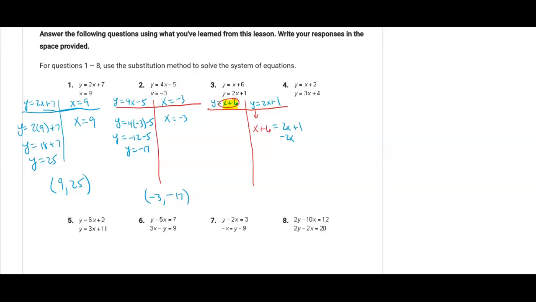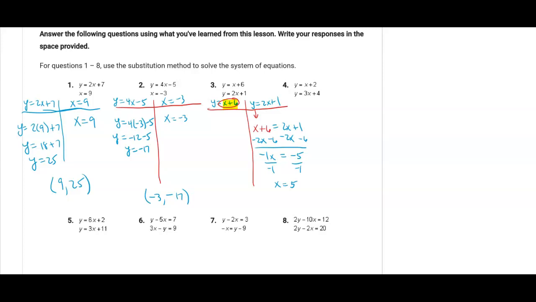Now I have to solve for x. I subtract 2x from both sides. I subtract 6 from both sides. And negative 1x equals negative 5. Now to get x by itself, I divide by negative 1 and I solve for x. Right? Now that I have x, it's easy.